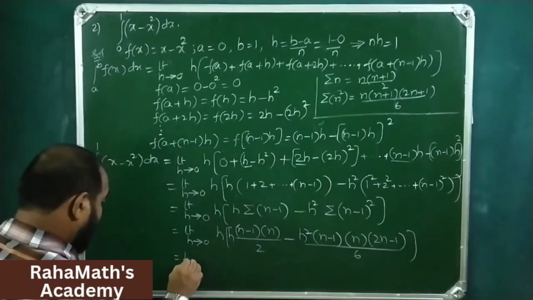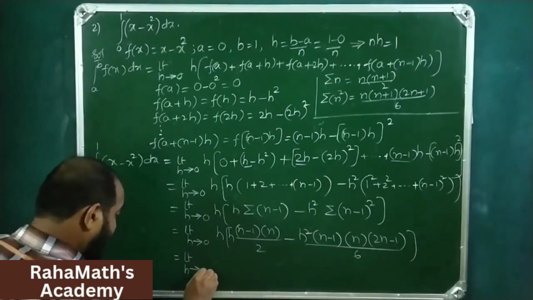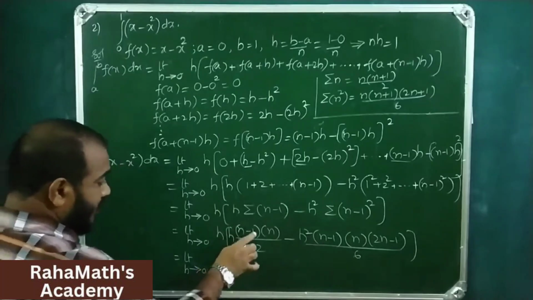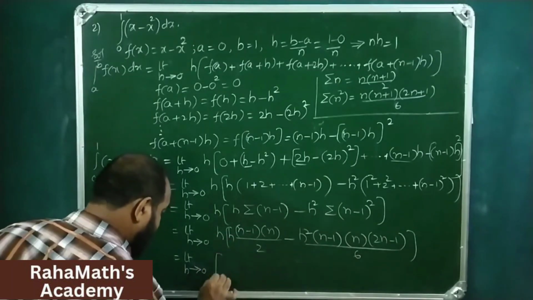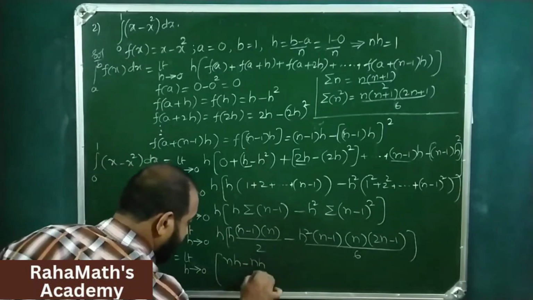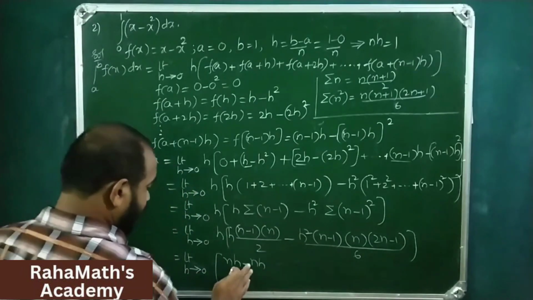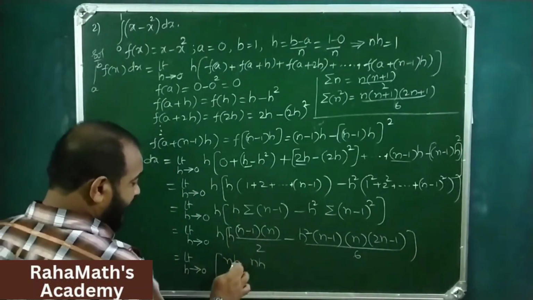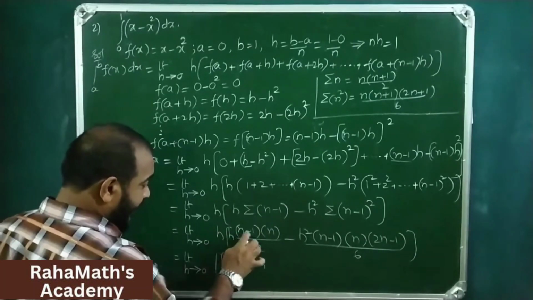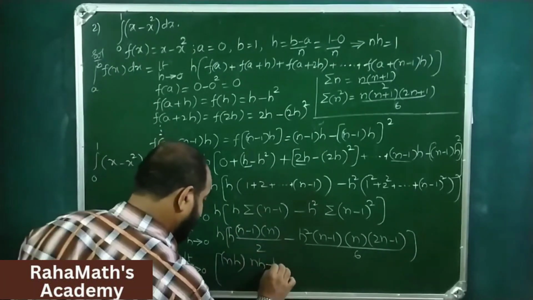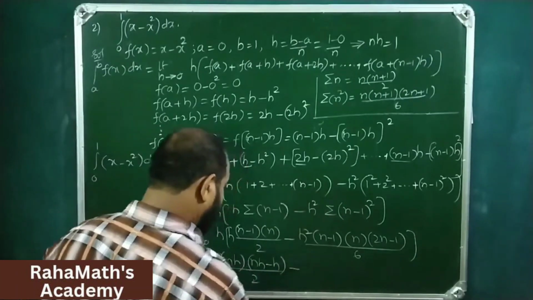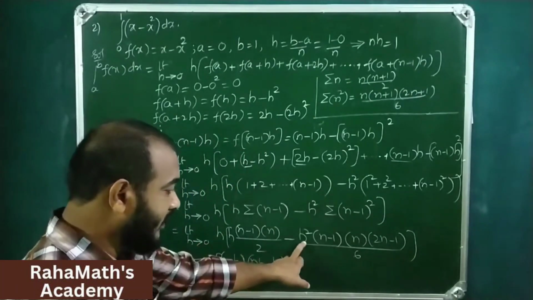That is equals to limit h tends to 0. So h into n is nh, into this h if I multiply inside, nh minus h by 2 minus h into h square h cube.